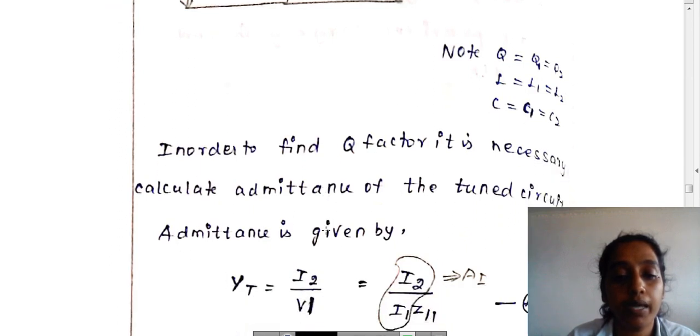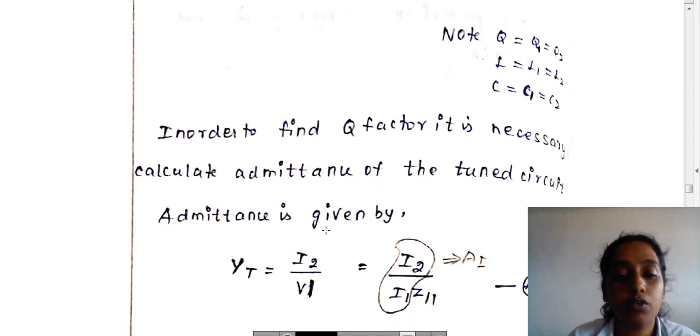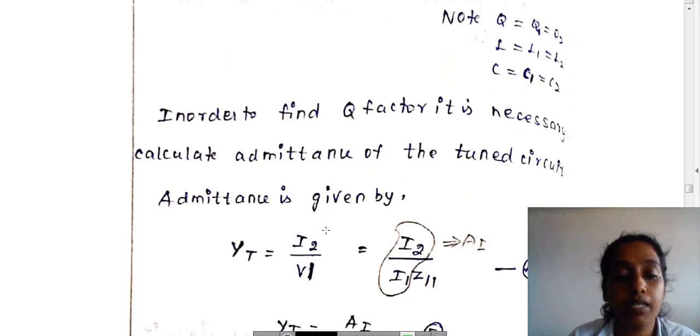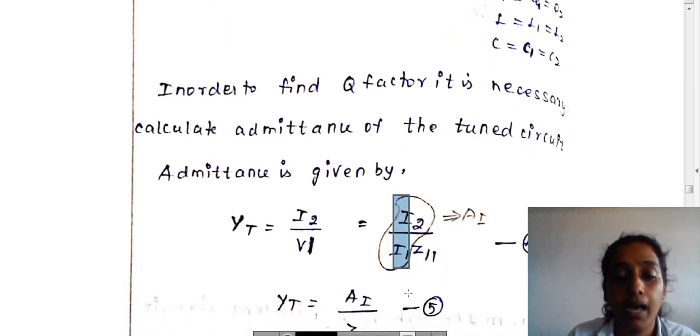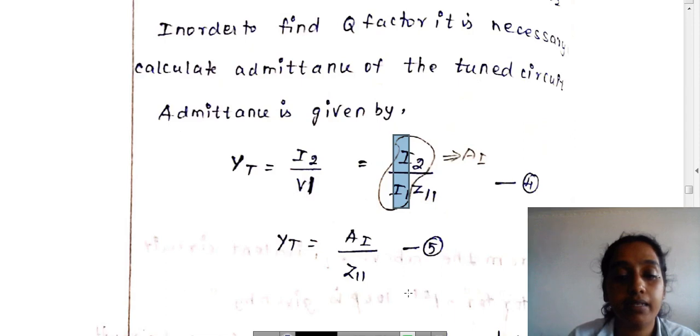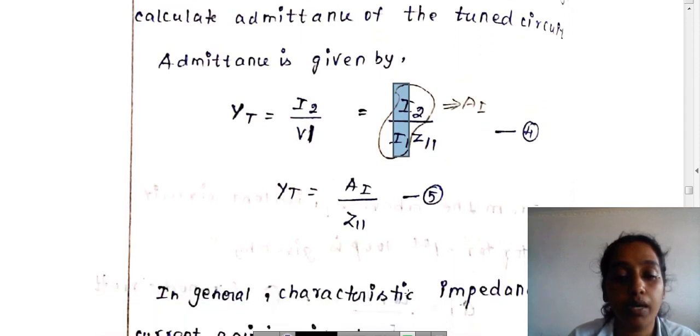Impedance is V by I. Admittance is the inverse of impedance, that is I by V, so the current in the second loop by the voltage in the first loop. V is equal to I into R. Here we consider impedance, so V1 can be written as I1 into Z11. The output by input current, I2 by I1, I can write as the current gain Ai, divided by Z11.